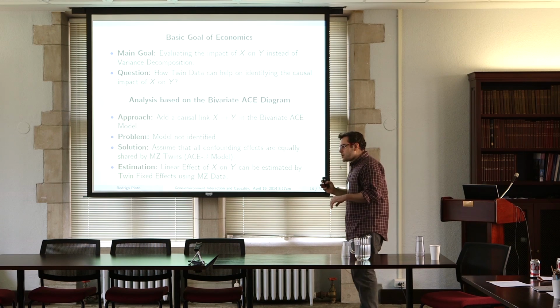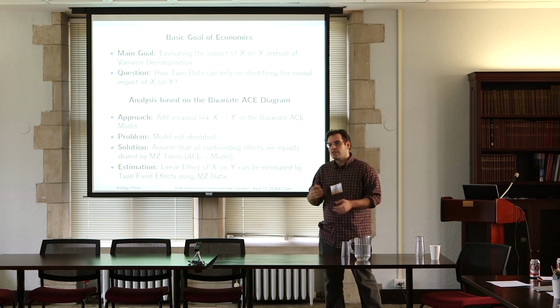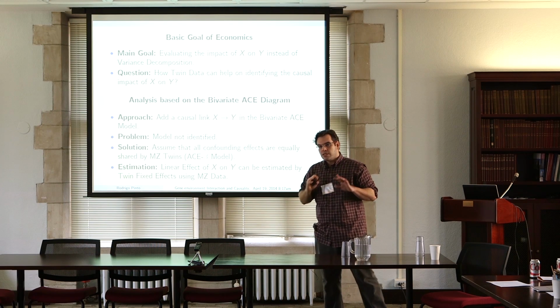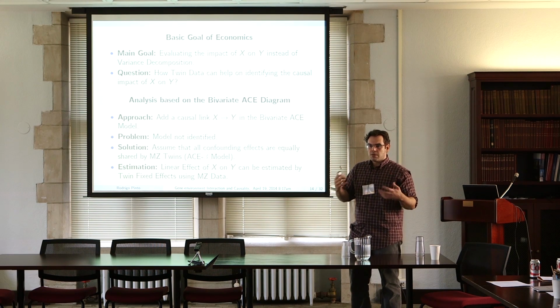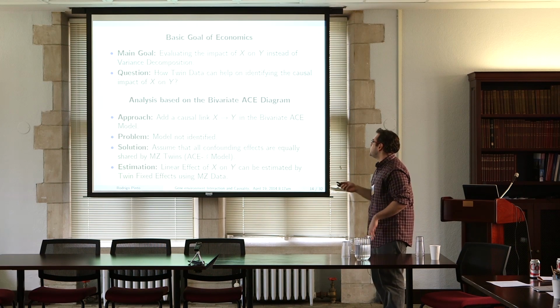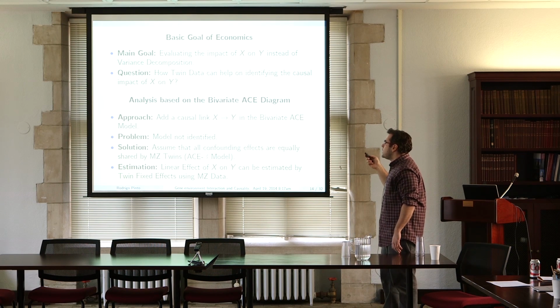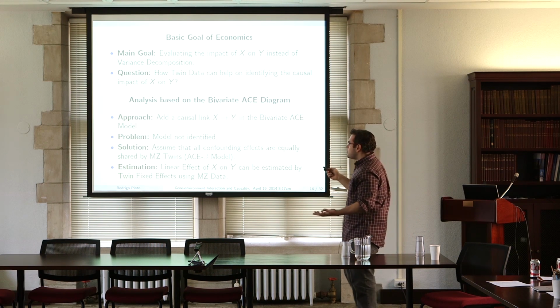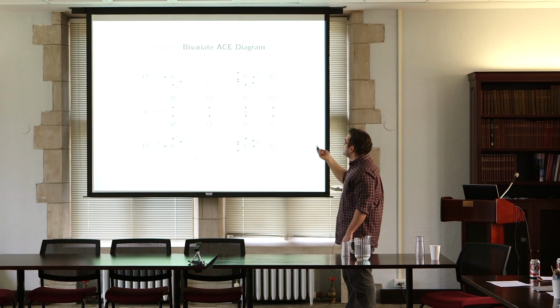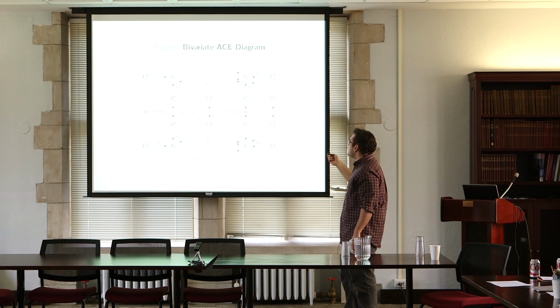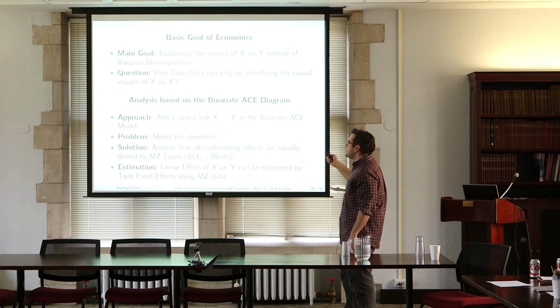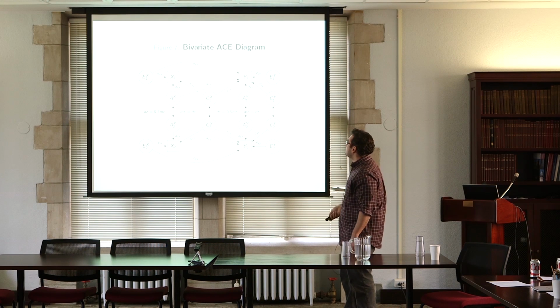But the goal of economics is not to share this variance. It's really to try to estimate the causal relationship between x and y. And again, how can we use twin data to do that? One approach is to take the previous bivariate ACE diagram and put a causal link that we would like to estimate, between x and y.